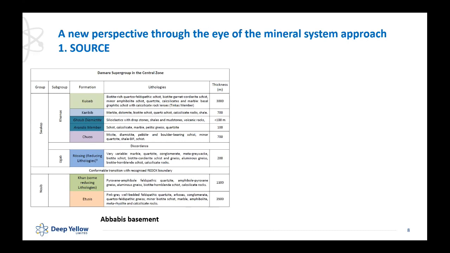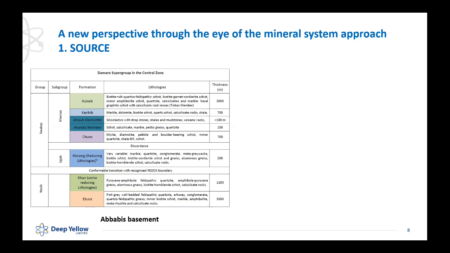Now, I don't want you to read through the detail, but that's the rough stratigraphy. The main thing to point out, where most of the uranium deposits and mines occur stratigraphically, is in here. There's some more up here, but the vast majority sits between the Khan formation, which is predominantly pyroxene, amphibole-rich gneisses tending into being amphibolites.